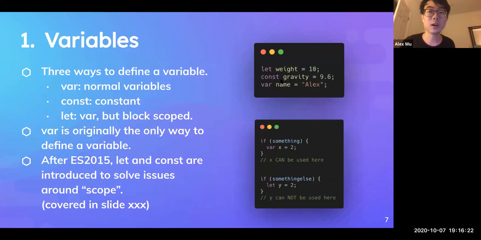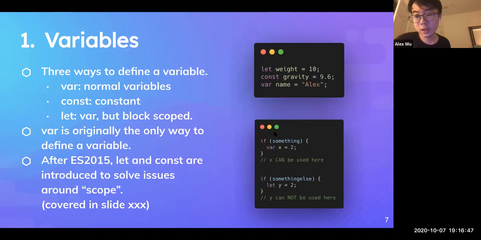And there's also another way to define a variable called let. Let is very similar to var. However, it's block scoped. And we'll introduce block scope later. But for now, you can understand it as something that's very similar to var.